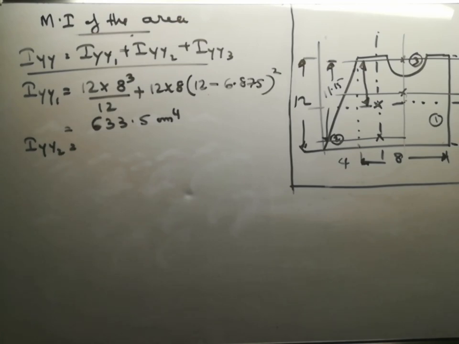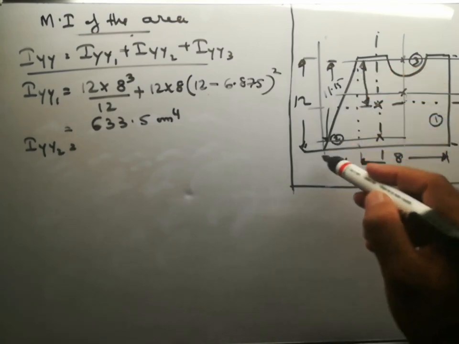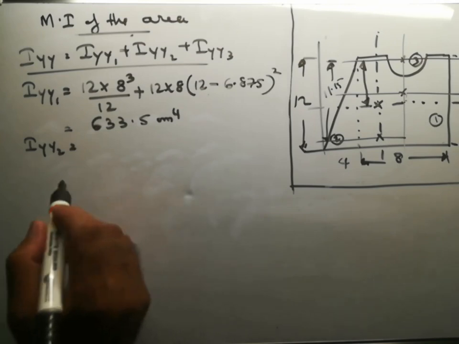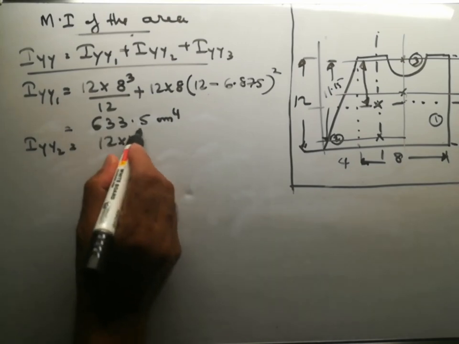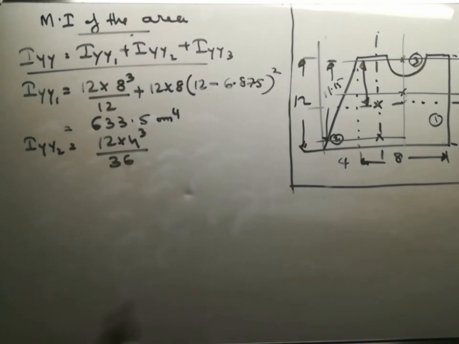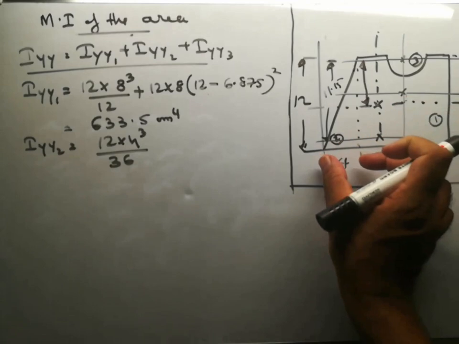Then Iy2 is the moment of inertia of the right angle triangle with respect to the centroidal vertical axis. It is equal to 12 into 4 cubed divided by 36, because this is the width, this will be the height.